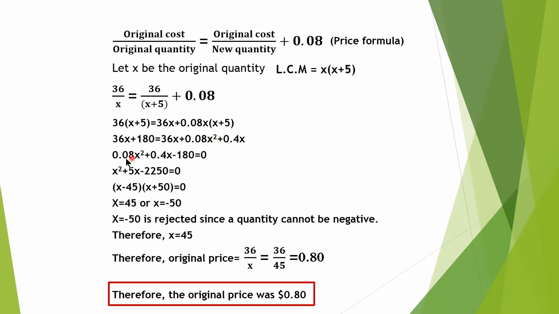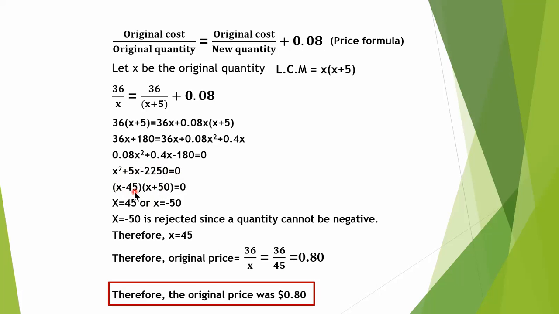If you want, you can divide the whole equation by 0.08, then x squared plus this divided by 0.08 is 5. So likewise, you get the quadratic equation because you have 0 on the right hand side. So you can factor this quadratic expression here, this part, negative times positive, negative 45 times 50, 2250, negative 45x, positive 50x means positive 5x.